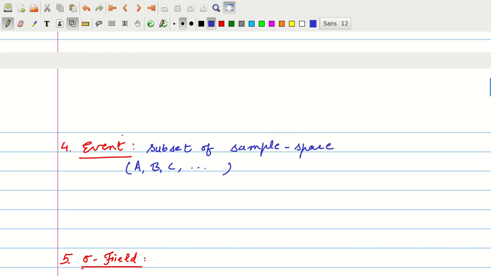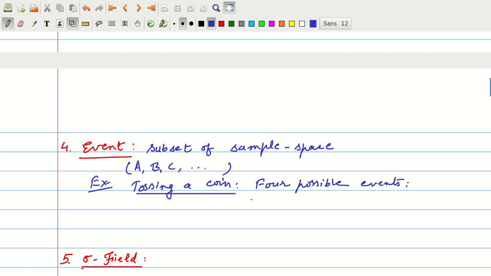To consider an example, suppose tossing of a coin, then there are 4 possible events we can identify, 4 possible subsets or events.